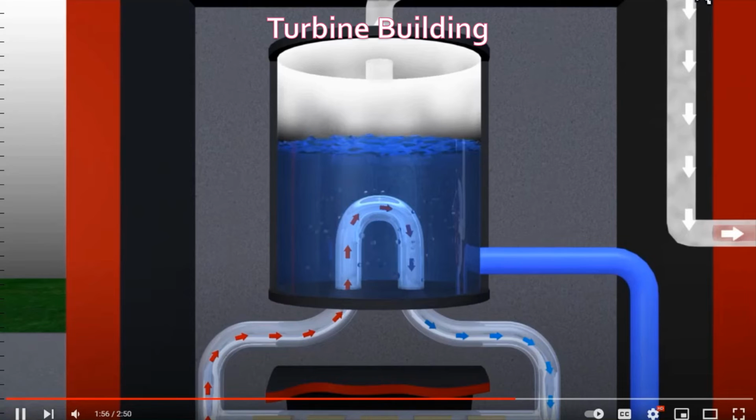That is the purpose of the third circuit. The steam that makes the turbine spin is the secondary circuit, and the water being used to act as the condenser will be the third circuit.